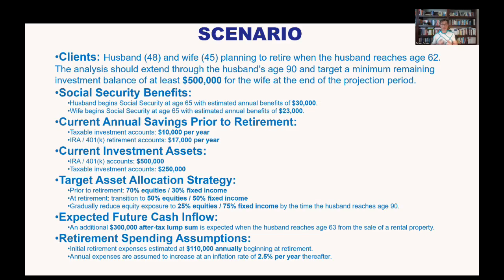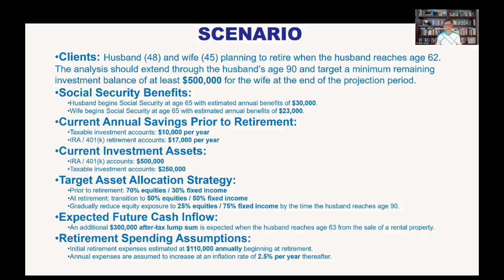As far as Social Security benefits, the husband's going to take his at 65, and the amount's going to be 30K at that point. The wife also wants to take it at 65, and her amount's going to be 23K. As far as what they're currently saving into investment accounts, they're saving 10K per year into taxable investment accounts. These are just regular investment accounts like Schwab, Fidelity, and so forth.